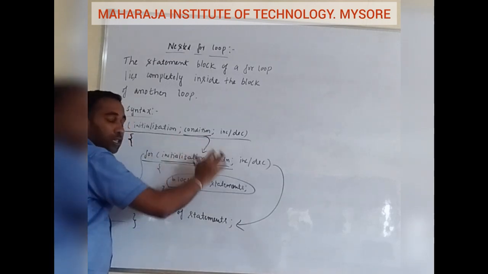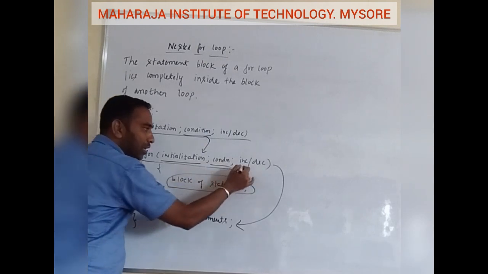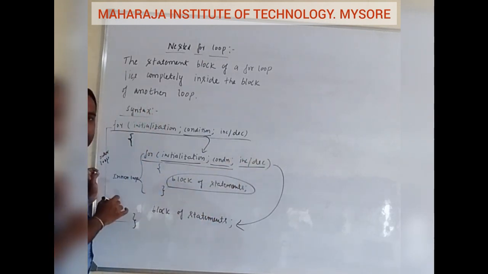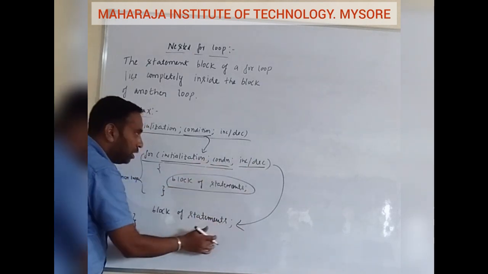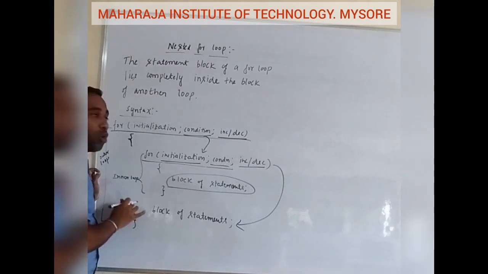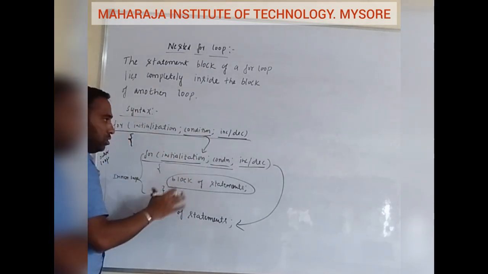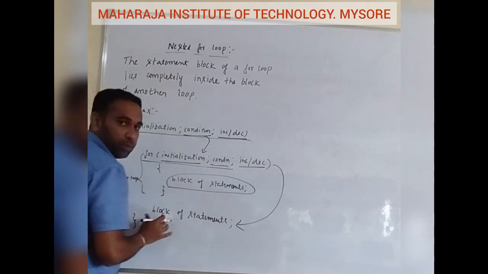This is how we write a nested for loop. If the condition is true, print the statement, then increment or decrement. If the condition is false, it comes out of the loop, then increments or decrements. This is called nested for loops. Next, I will explain the example for nested for loop.